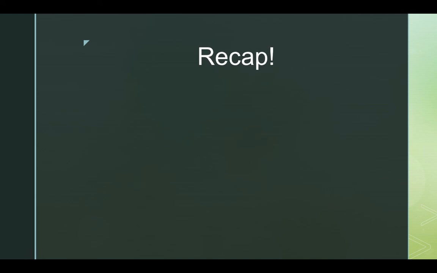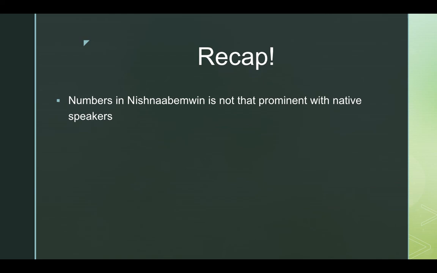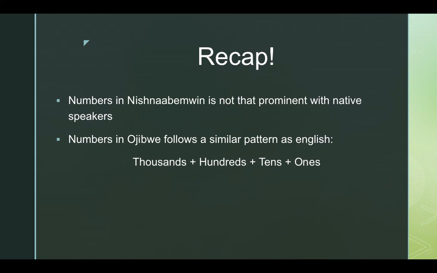So that's it for our lesson. Now we're just going to have a recap. Numbers in Nishnaabemwin is not that prominent with native speakers. Numbers in Ojibwe follow a similar pattern as English, that being that they start off with their thousands if present, then hundreds if present, tens if present, and then ones if present.